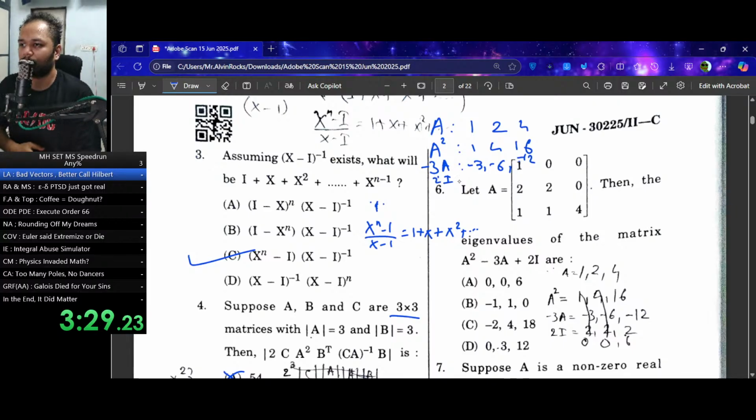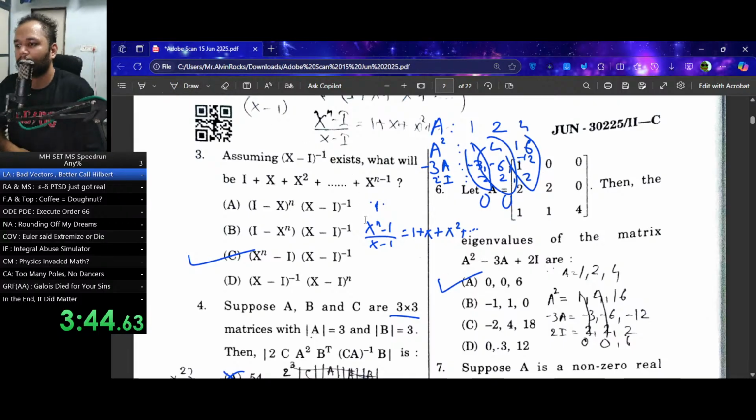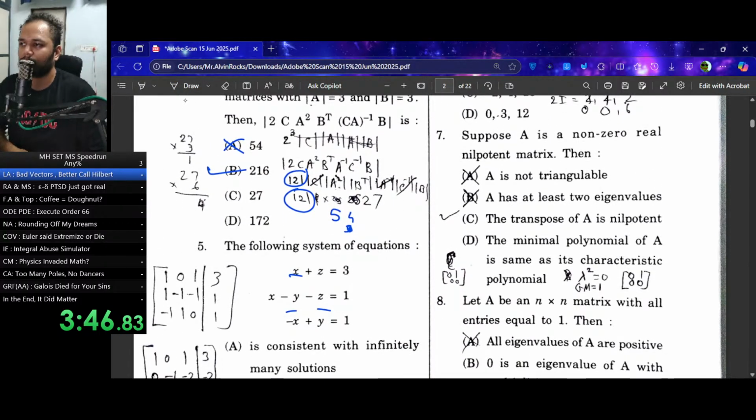That's going to be 2I. So eigenvalues of identity is just 1, 1, 1 multiplication by 2. So 2, 2, 2. You add them up. Add this one up, 0. Add this one. So only one equation was satisfying that.